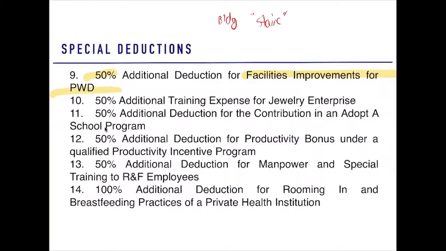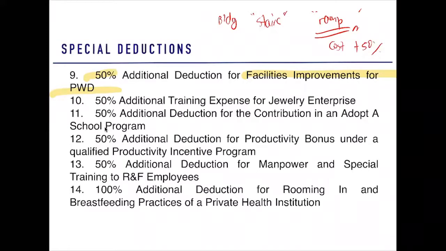Ngayon kasi kailangan meron kang ramp for your PWDs. Okay. So if you will adjust your building and create ramps, the cost of the ramp plus 50% of the cost is considered a deduction. So kumbaga cost times 150%, that is the amount of your deduction. Okay? Kasi 50% additional siya.